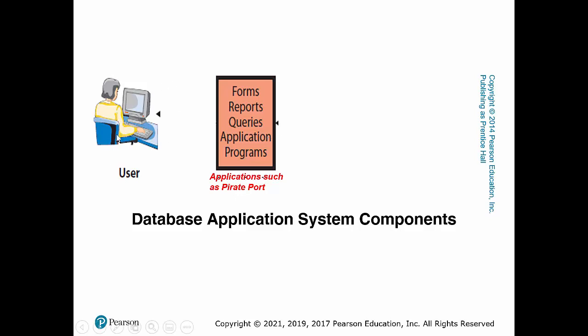So let's say you want to search class information of MIS 363. You open the PyReport website, and then you send your request to the server, the computer that runs PyReport. PyReport, the server, receives your request.